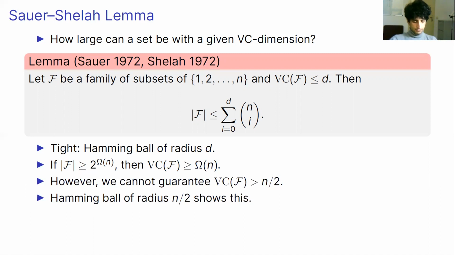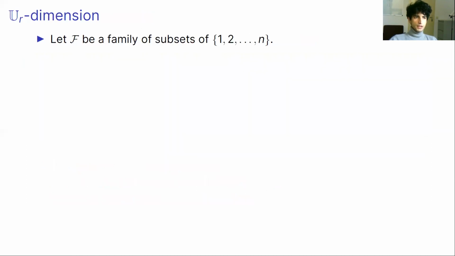So we're going to now consider a notion of dimension, which I find very natural, and it does allow us to beat this n over 2 barrier. We call this new dimension universal dimension, for reasons that you will see.